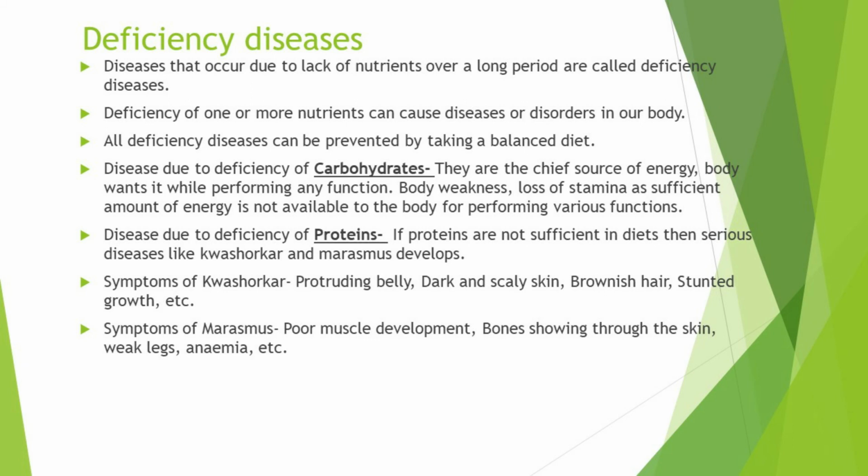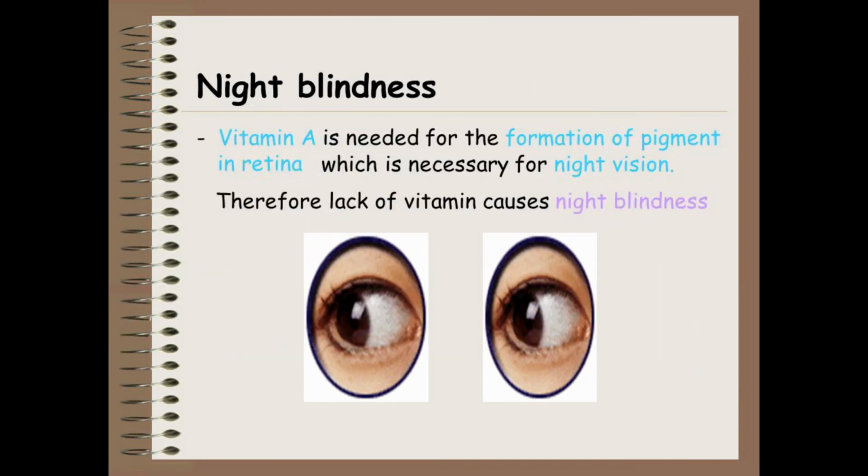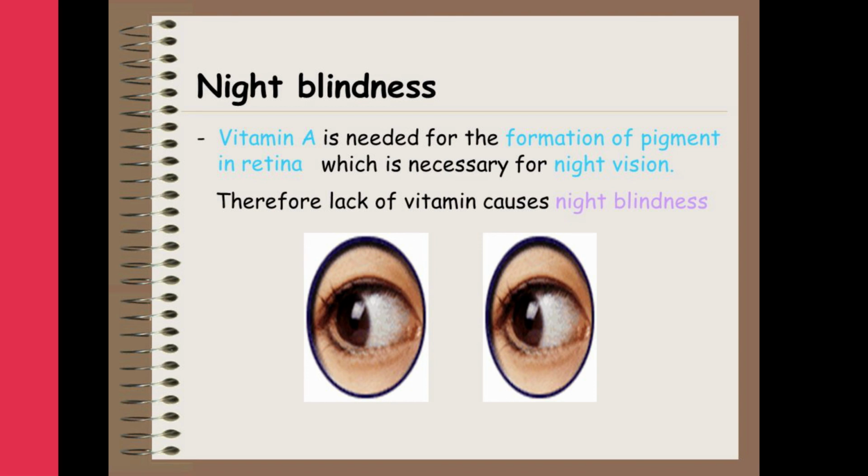Symptoms of marasmus are poor muscle development, bones showing through the skin, weak legs, anemia, etc. Now, vitamin deficiency diseases. Due to vitamin A deficiency, loss of vision is there, and the symptoms are poor vision, loss of vision in darkness, we cannot see, sometimes complete loss of vision is there.